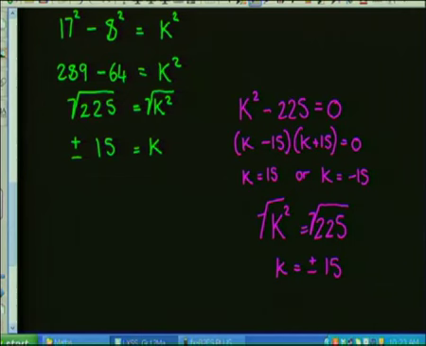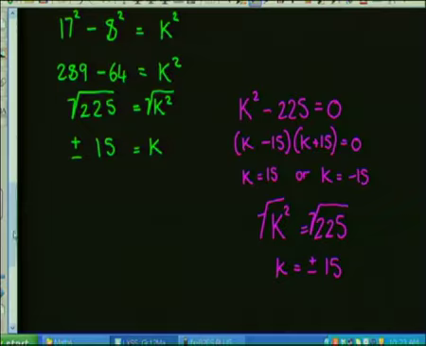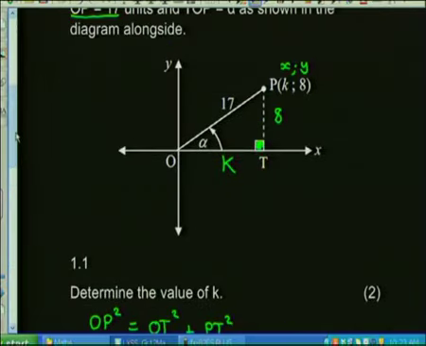Now, some of you may understand that and then think, right, so what is our answer? Do we take the positive 15 or do we take the negative 15? To answer that, we need to look at our diagram and see which quadrant our right angle triangle lies in. Looking back, we see that our right angle triangle lies in the first quadrant, and our value of x here would be positive as it lies on the positive side of the axes.